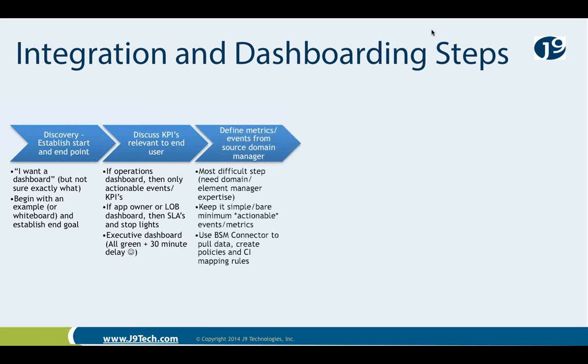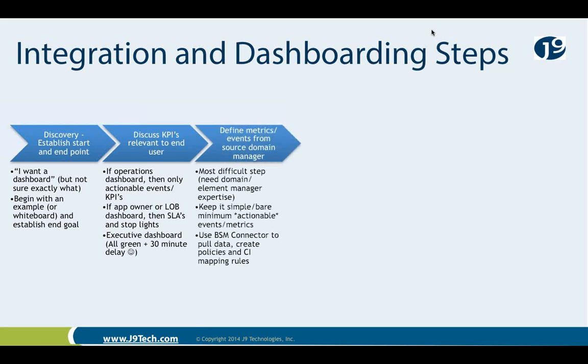Next step is really defining the metrics and the events from the domain manager. Often this is the more difficult step because it requires getting pretty in depth with each one of the domain experts, as well as the team who's going to take action on the data coming out of that particular domain manager.